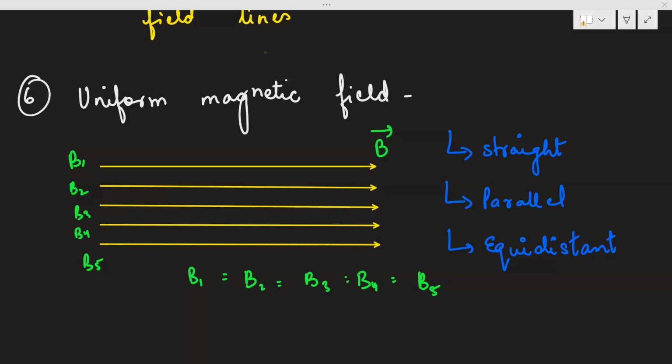Ma'am, how many backup classes are left? See, one for this chapter, then a few classes for EMI, a few for AC. From where have you attempted, Halima? Directly from Ray Optics, no? Or did you take any classes of EM waves too?